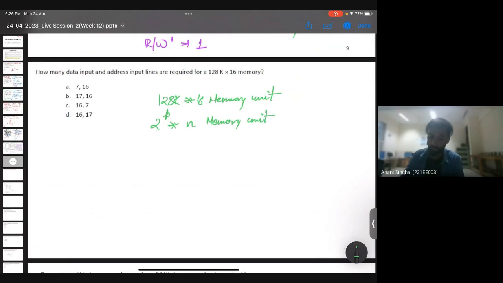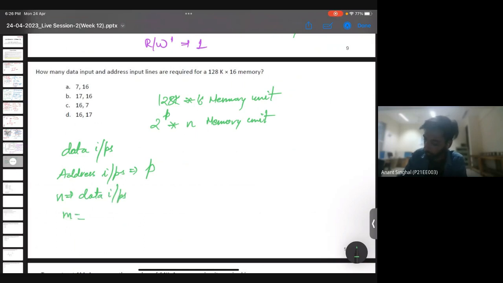Let's suppose we have certain data inputs and certain address inputs, which are numbered as p, which I have marked here, and we have n data inputs. And m here represents the number of locations, which is not asked there, but you should know about it.